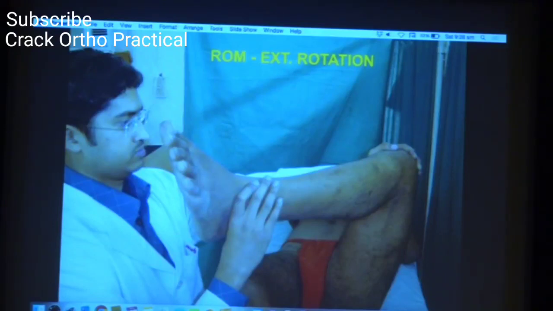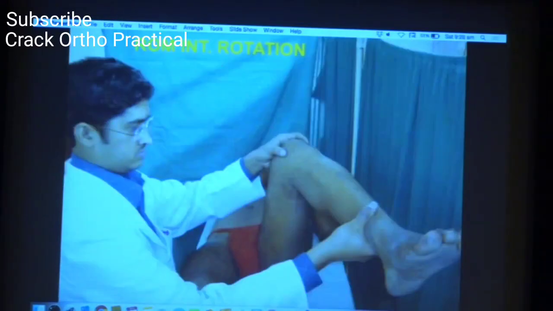You can flex the hip to 90 degrees and use the leg as a lever arm to perform external rotation and internal rotation. So this becomes the amount of rotational arc of movement which is there.